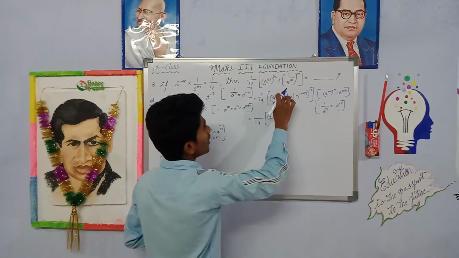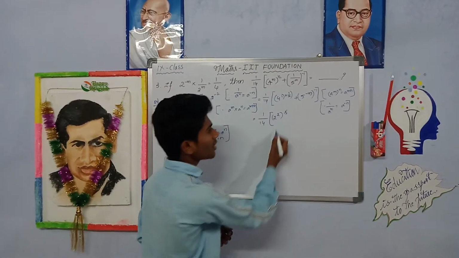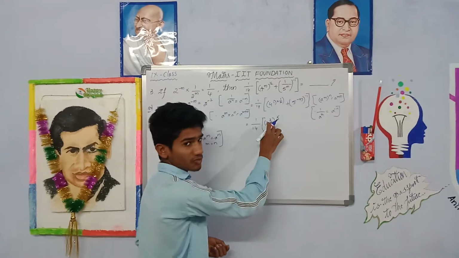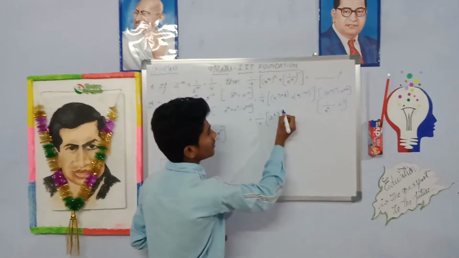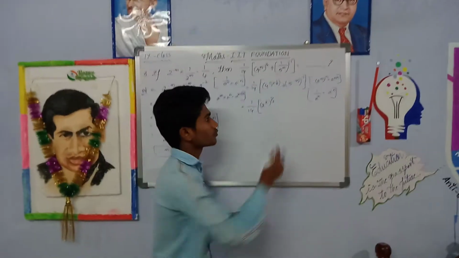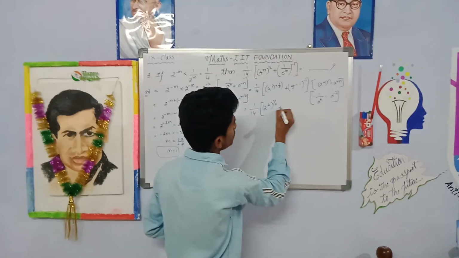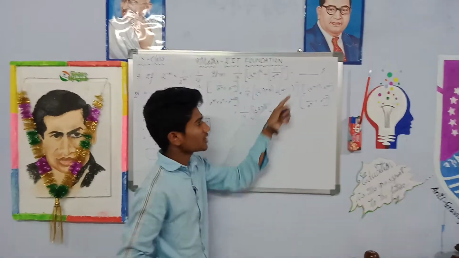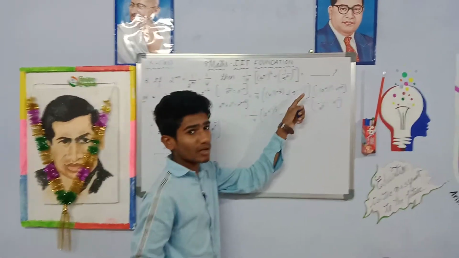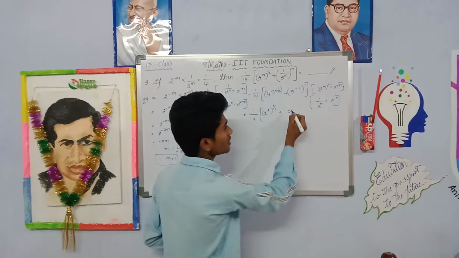So 4 can be written as 2 square, and 1 into 1 is 1, so 2 square power 1 by 2. Next, 5 power minus 1 into minus 1. So a power m whole power n is equal to a power mn, so 5 power minus 1 into minus 1 is 5 power plus 1.